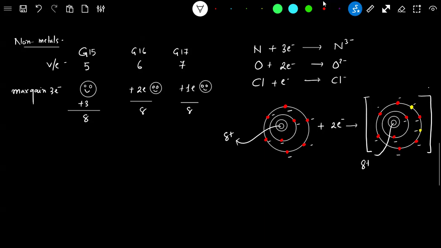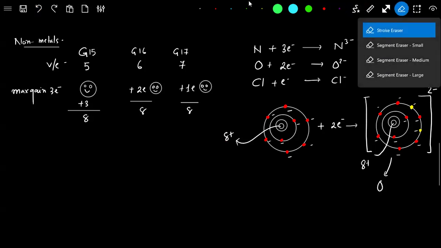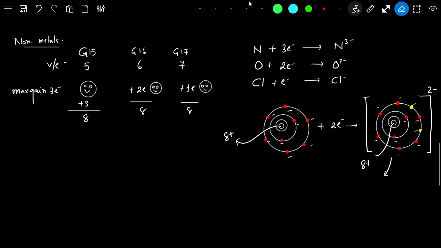So it gains 2 negative charge on its top, and this has become what is known as an oxide ion, or we call this an anion. This is the anion, or better known as oxide. This is the oxide ion, O2 minus.